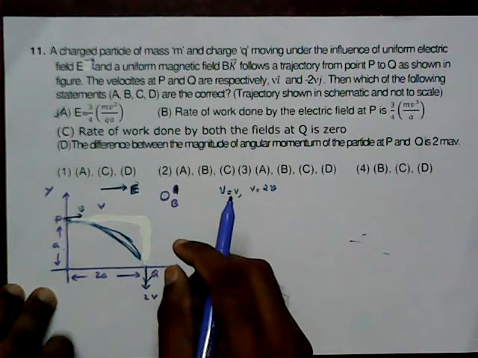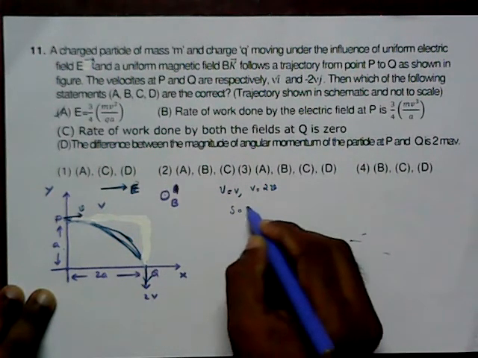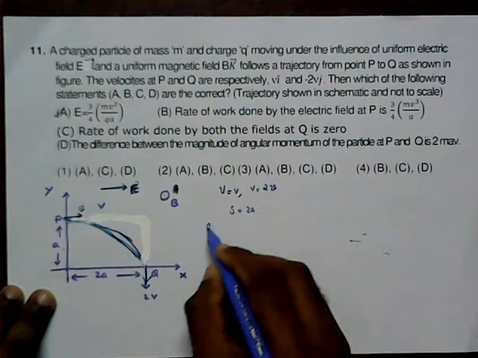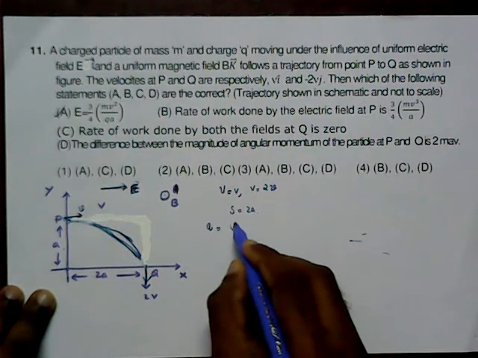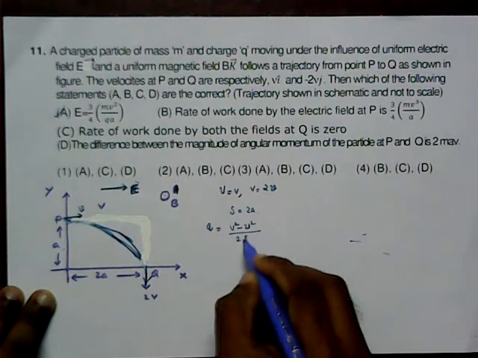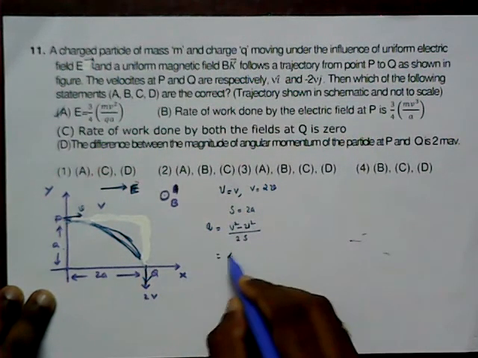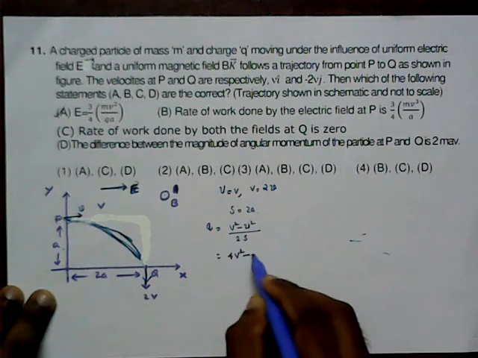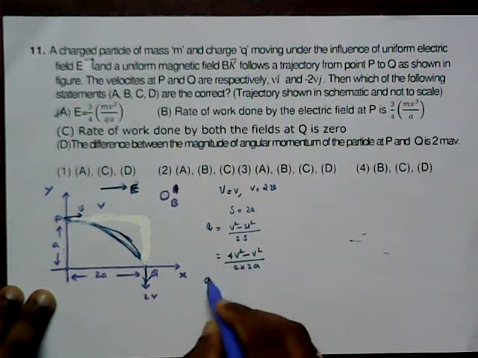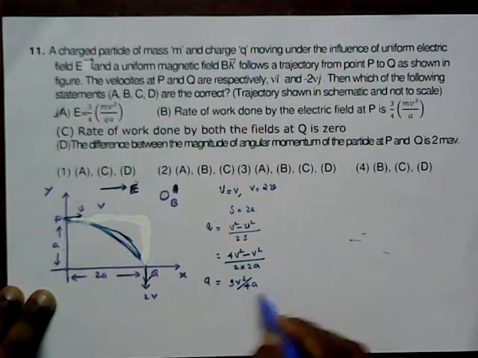The displacement at the end is 2a. So what is the acceleration of the particle? Simply v square minus u square, divided by 2 into s. So you can substitute 2v: 4v square minus v square, by 2 into 2a. So we get the acceleration as 3v square by 4a.